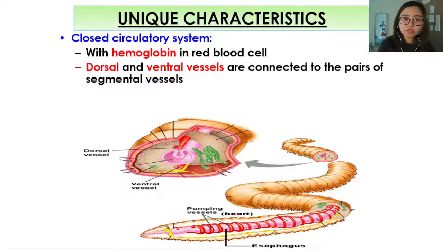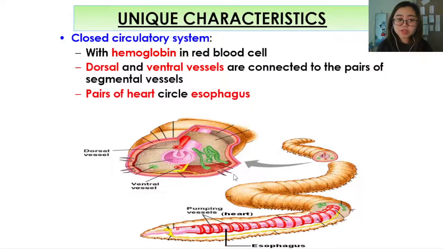Dorsal and ventral vessels means dia ada saluran darah yang di bahagian belakang, macam dekat tulang. Kalau kita sebelah tulang belakang, itulah kita consider dorsal. But on a worm, dorsal is the top. Okay, bahagian atas cacing ada satu. Bahagian perut ataupun bahagian bawah cacing ada satu saluran darah. Okay, so dorsal and ventral. The dorsal and the ventral blood vessels will be connected via the segmental vessels.